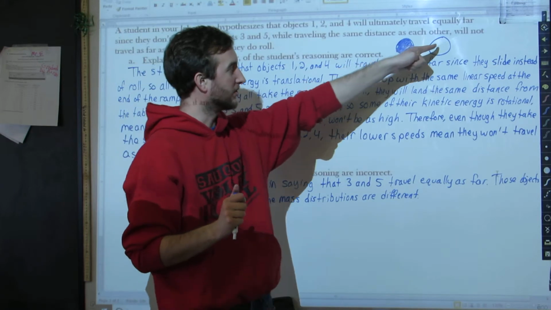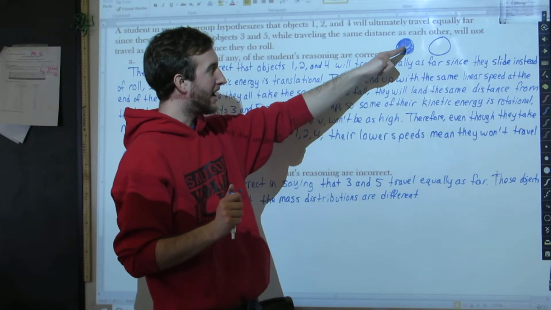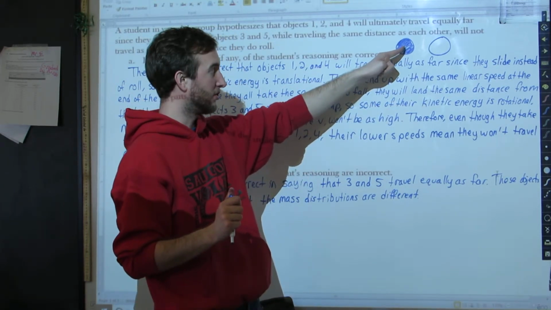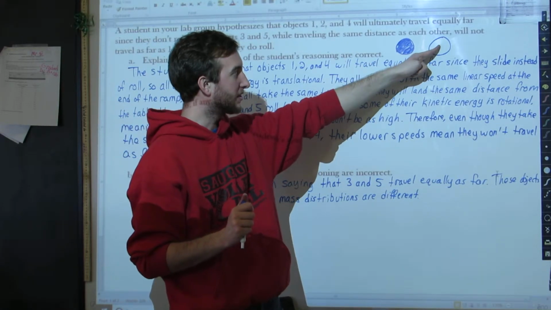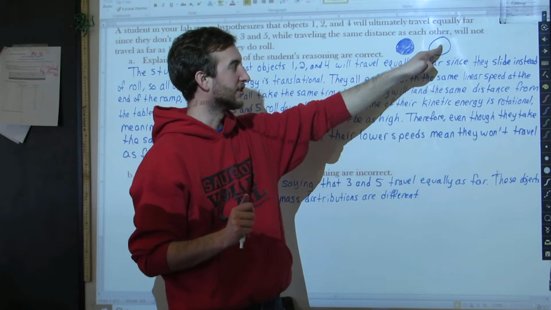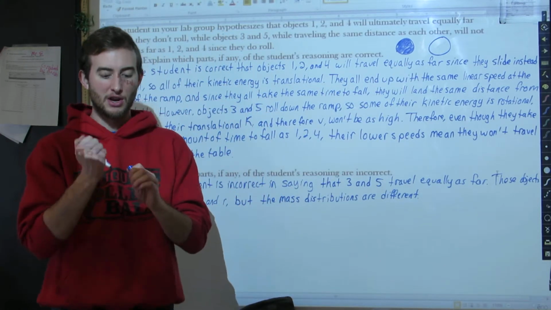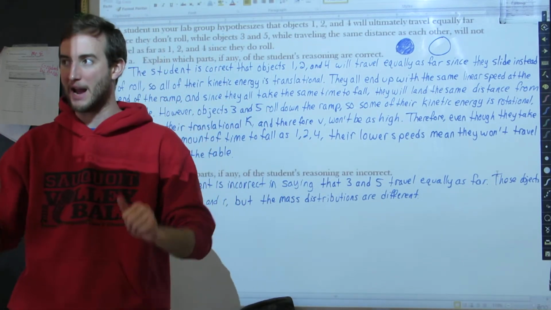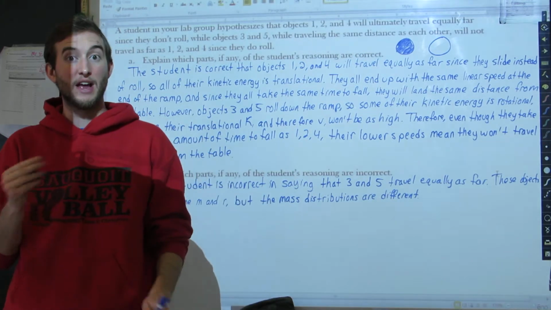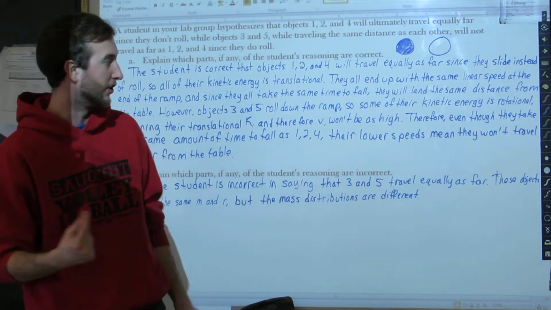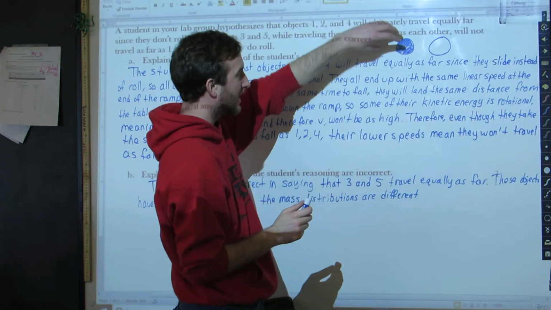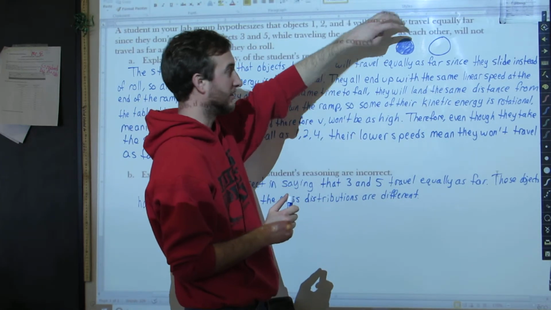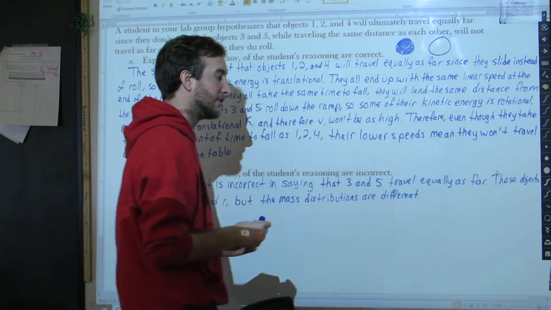The axis of rotation for both of these is through the center. The ball has more mass located closer to the center. The hollow cylinder, all of its mass, if it's hollow, is located on the edges. That's really far away from the axis. Remember that for objects, if their mass is really spread out from the axis, that contributes to a higher moment of inertia. This will have a higher moment of inertia than the ball. The ball has mass that is close to the center of the axis of rotation. The hollow cylinder does not.